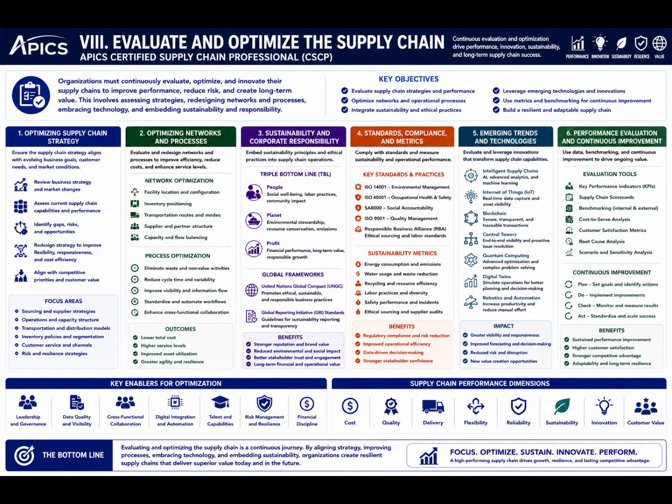The curriculum demonstrates that sustainable and technology-enabled supply chains create long-term value by improving efficiency, reducing risk, and supporting responsible business practices. In modern global business environments, organizations that prioritize optimization, innovation, and corporate responsibility are better positioned to achieve operational resilience, customer satisfaction, and sustainable competitive advantage through effective supply chain management practices.